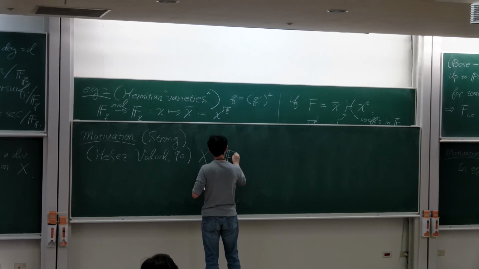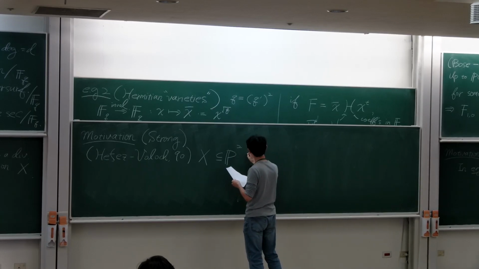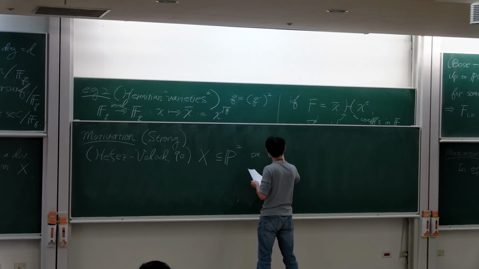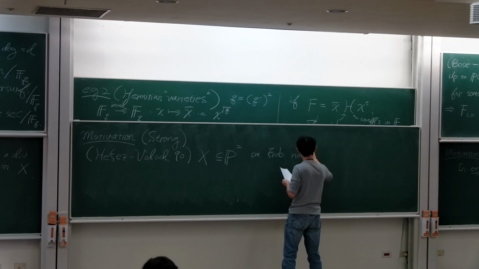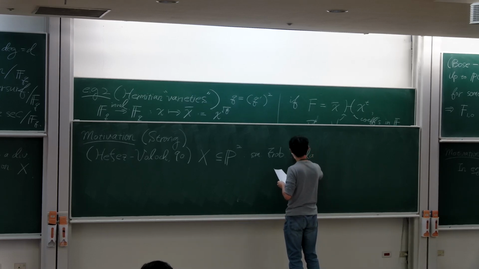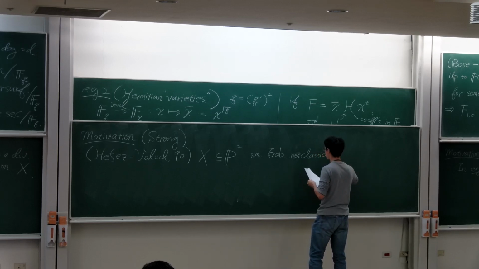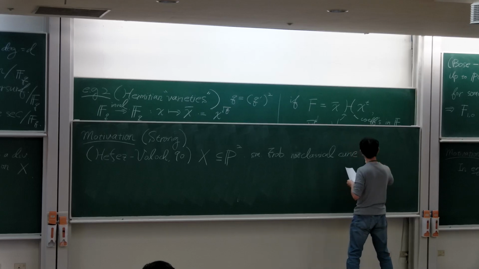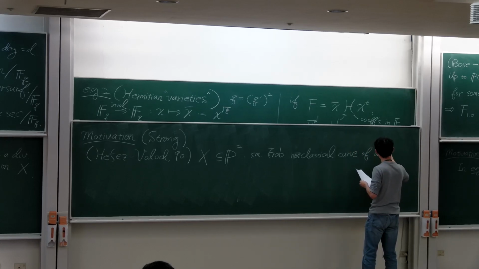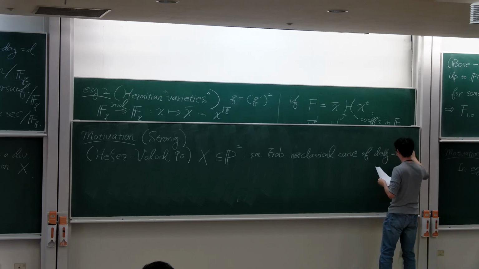Say we have a Frobenius non-classical curve in P2, and say it's smooth, of degree d over Fq.